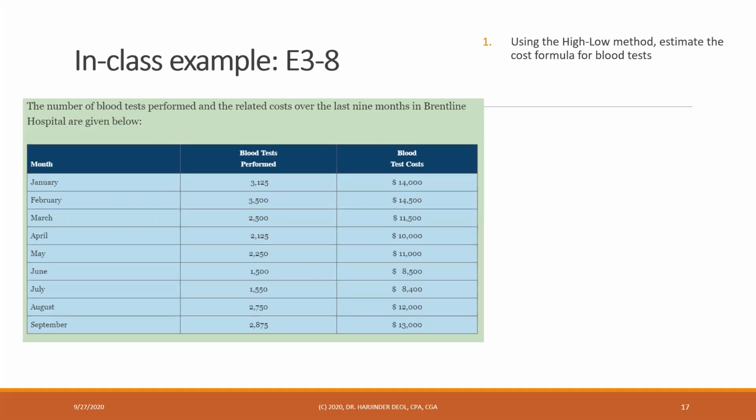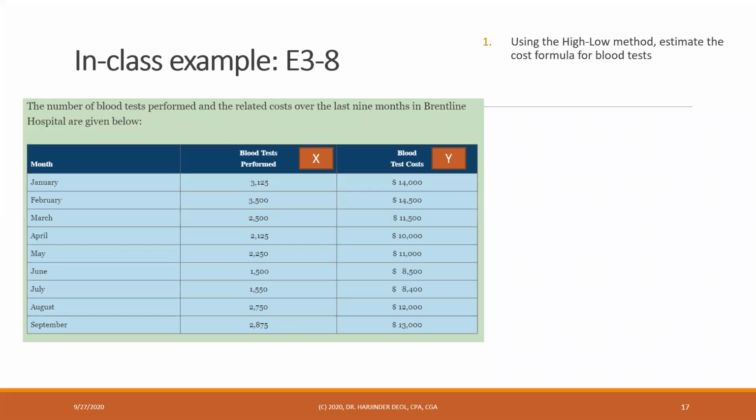So using the high-low method, we are estimating the cost formula for blood test. So we are going to pick the high point and the low point. But before that, do know that your blood tests performed is your X variable, and the blood test cost, which is your dollar amount, is your Y variable. Your Y would always be in dollars.